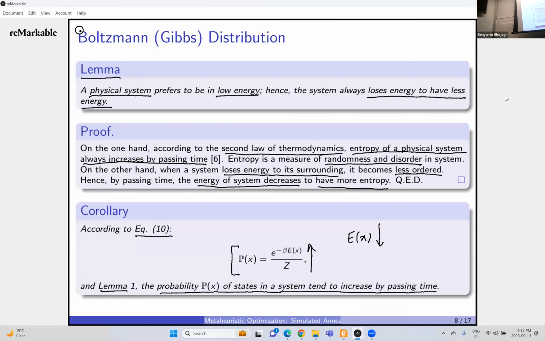Decrease E of x to 0. What happens? E to the power of 0 becomes 1. If E of x is huge, like infinite, E to the minus infinite becomes 0. So when you decrease E of x, P of x goes up. Therefore, the probability of the states increases. Now, do you understand why it converges? Why the states converge? Because their probability is increasing. Because their energy is decreasing. Right?